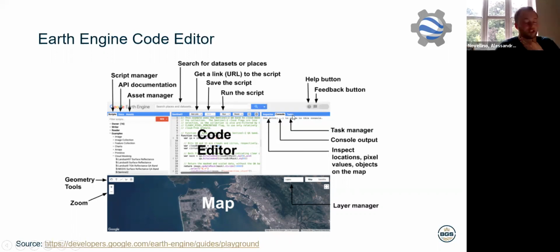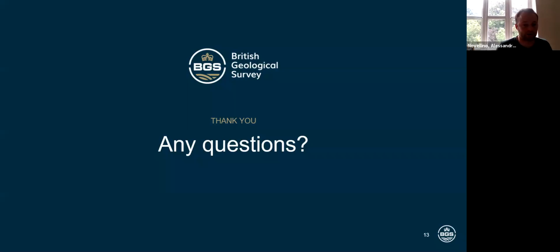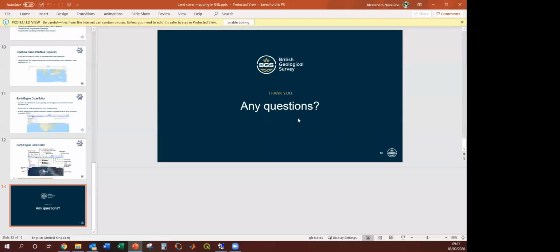Tasks is for when you have output, so if you want to download or export to your Google Drive, you need to go into tasks. I think that is a very short presentation, but I would prefer now to check everything, as I will stop sharing and stop recording.